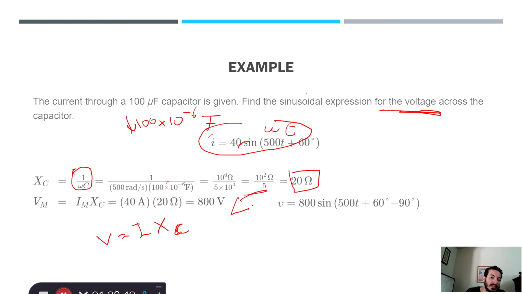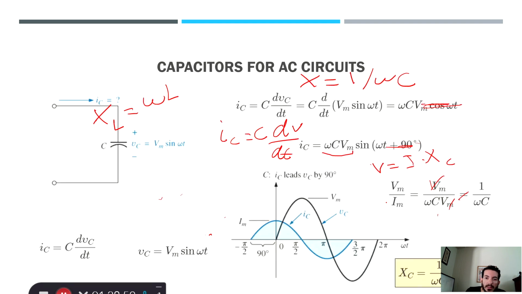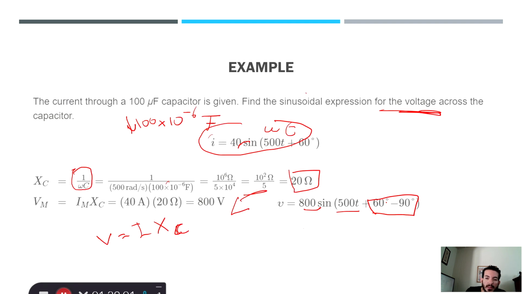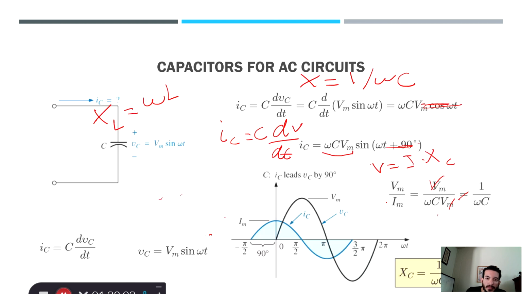So we don't have to do the derivative, we already have the voltage, and we can simply apply the time domain function of sine, which is 800 sine of omega t, and then we apply the rule of thumb of 60 minus 90 degrees, lagging.